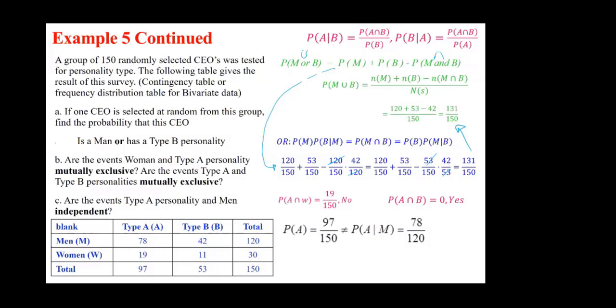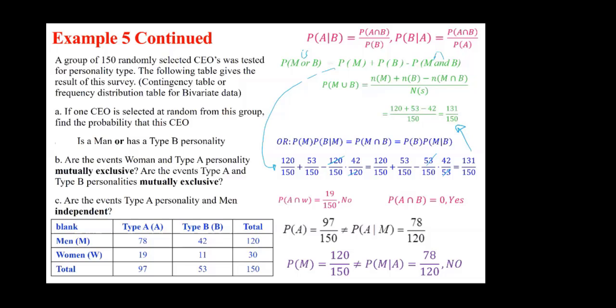Remember, to show two fractions are equal, their cross product is equal, or you can write the decimal notation for each. They are not equal. So that is the proof. You don't have to do the next one, but I want you to see the next one, either this one or this one. You know probability of M is 120 over 150, and M given A is 78 over 120.